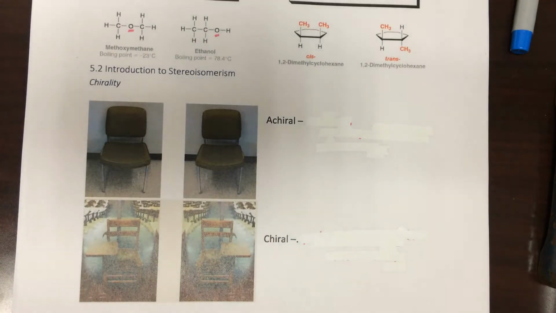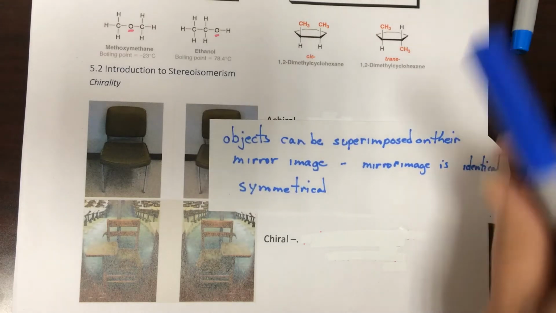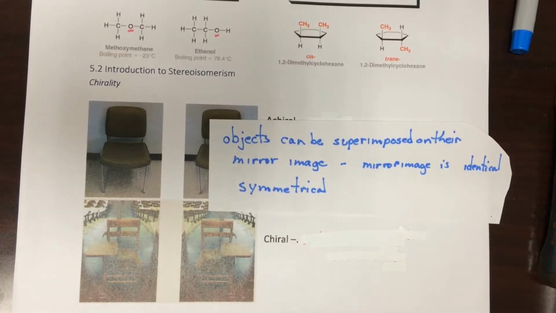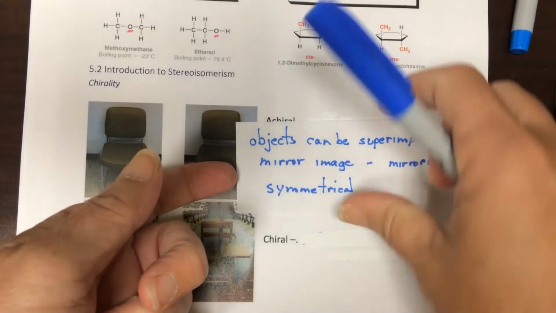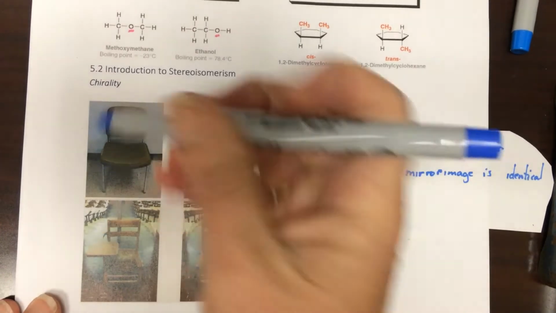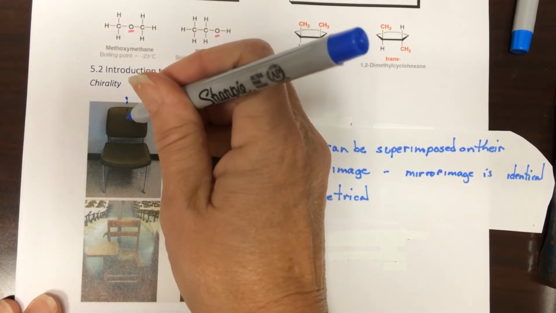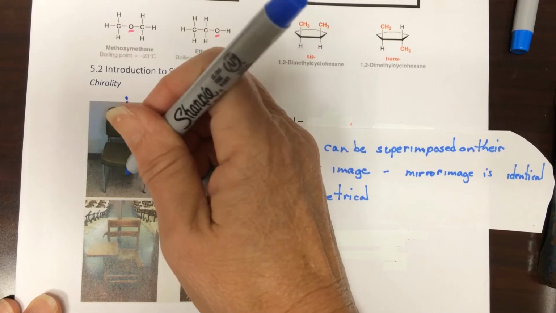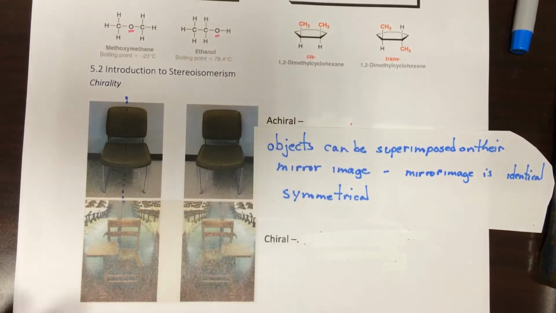So, achiral objects can be superimposed on their mirror image. Their mirror image is identical. And these achiral objects are symmetrical, and they have a plane of symmetry. So if we look at our chair here, there's a plane of symmetry right down the middle.